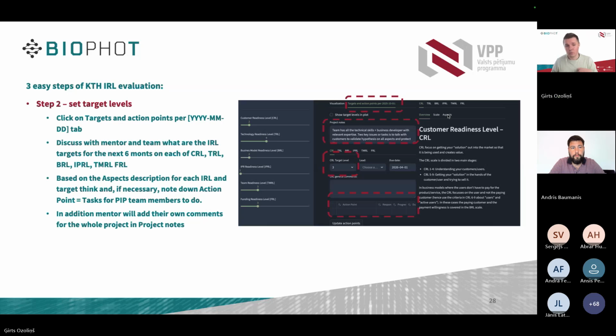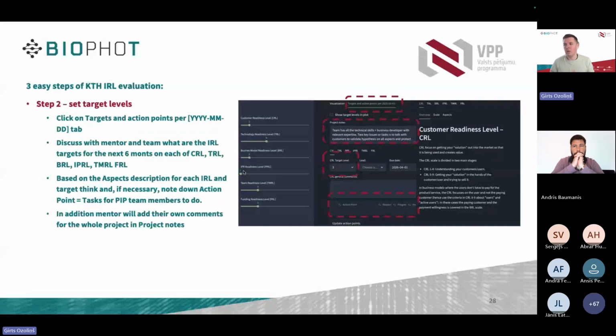We as mentors will suggest, for example, here we have IP readiness level 1, and there was a reason why it's 1. Then we can discuss what needs to be done if we want to progress at least one level further. In this case, IP is not defined at all.